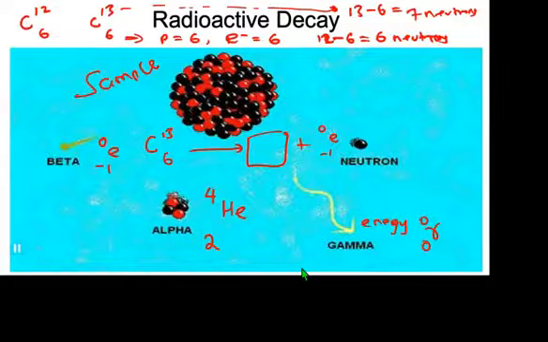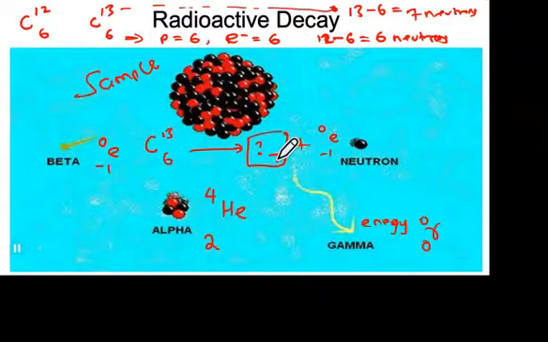What number should be down here so that the numbers match? 7. 7 has to be down here for whichever element this is. So let's put a question mark. We'll determine what that element is based on the number of protons, using the periodic table.